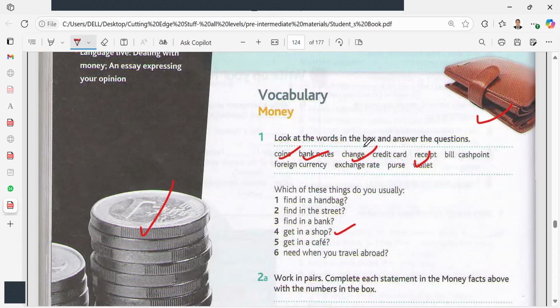Right? Okay. What can you get in a cafe? The change, yes. Receipts. The bill. Okay. Right?